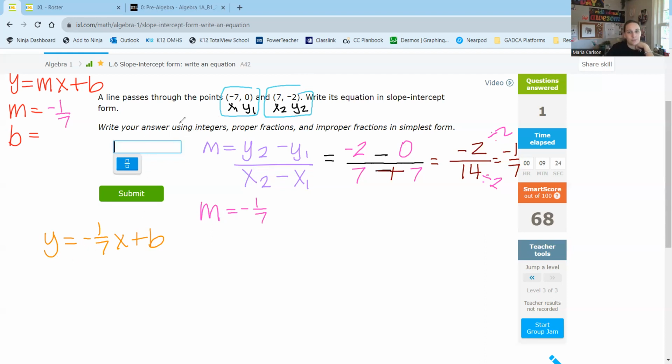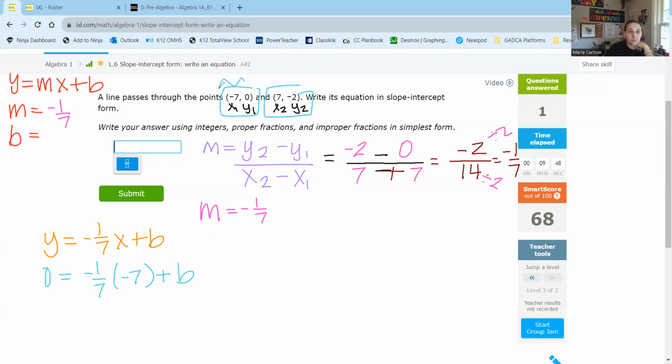So I'm going to substitute in 0 for y, and that is equal to -1/7 times x, and x we know is -7 here, plus b. And notice I substituted into parentheses again.